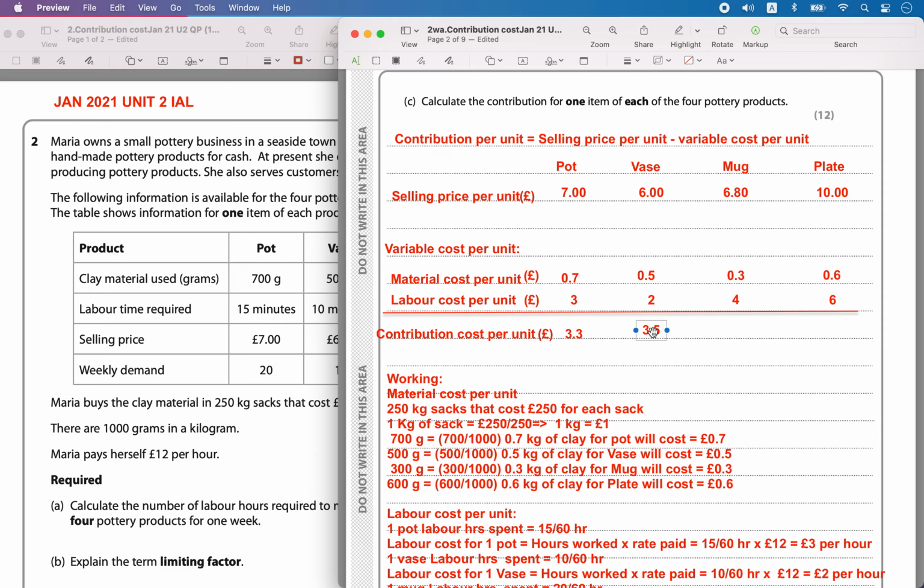Then for the mug, it is 6.8 minus 0.3 minus 4, so that is equal to 2.5. And for the plate, it is 10 minus 0.6 minus 6, so that is equal to 3.4.